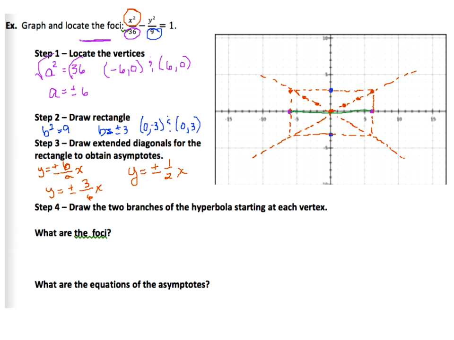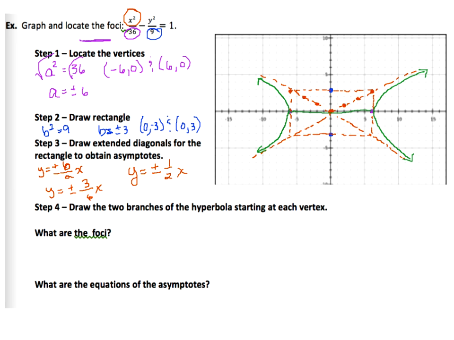To draw my hyperbola, I start at the vertex and just move towards, but don't cross, the asymptote, both directions there. And then I come back and do the same thing on the other side. So we've got the hyperbola graphed here.